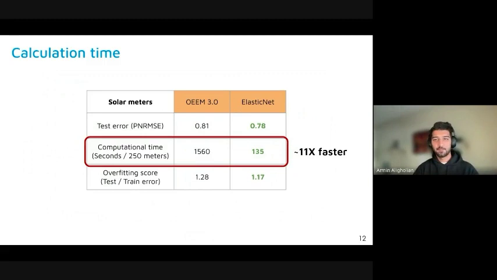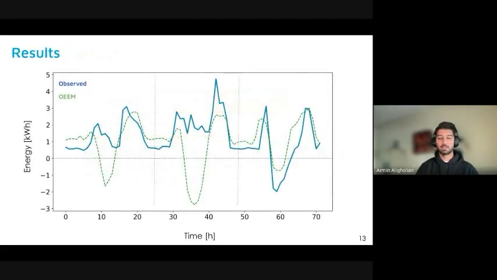Okay, next. So I brought raw data for one random meter. Here, that's 3 days of data. The first day is a cloudy day, the second day is a sunny day, and the third day is partially cloudy.